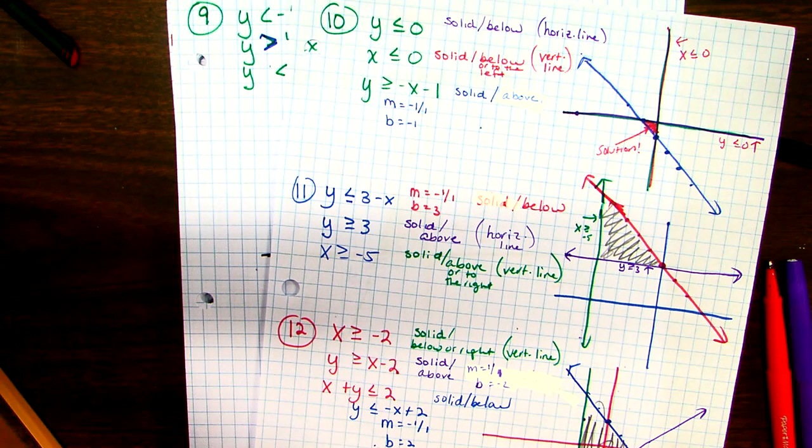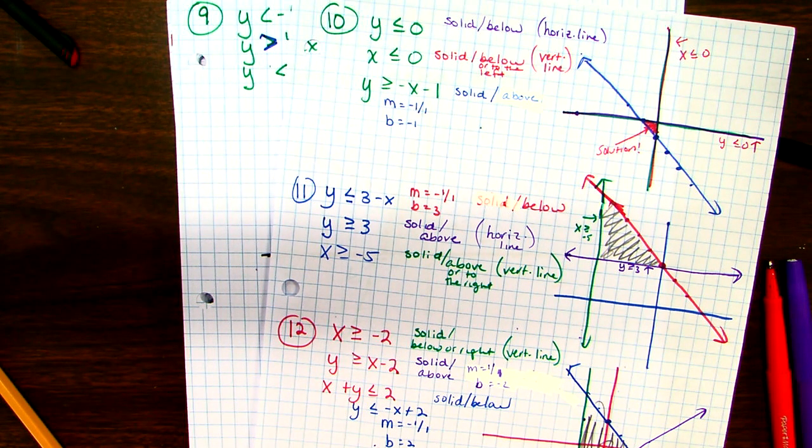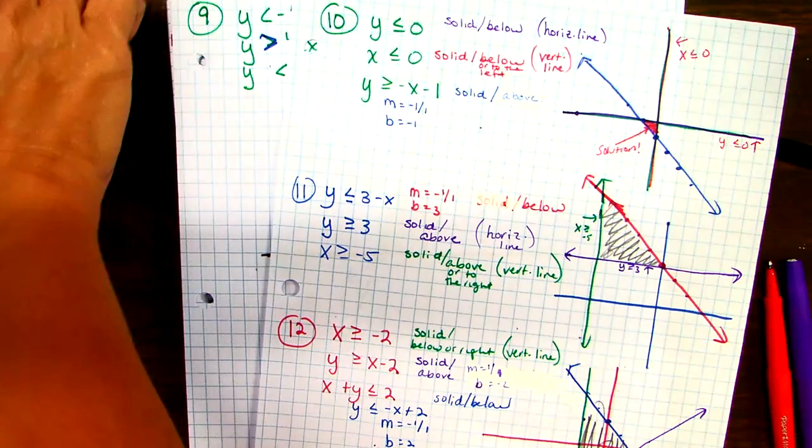I just did 7, 8, 9 with you. 10, 11, 12 are done beautifully, I will tell you. Color-coded correctly. I will move it up, yeah. I will move it up in a second.